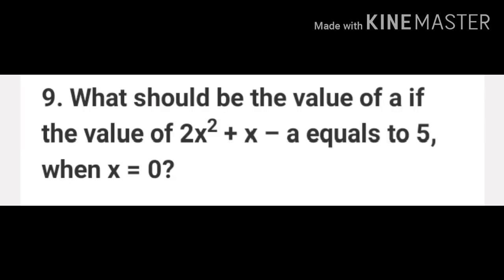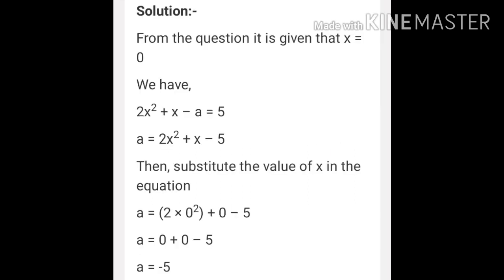Ninth question. What should be the value of a if the value of 2x square plus x minus a equal to 5 when x is equal to 0? Value of x is given and we have to find out the value of a here. Okay, so let us see. From the question it's given that x is equal to 0. The expression is 2x square plus x minus a is equal to 5.